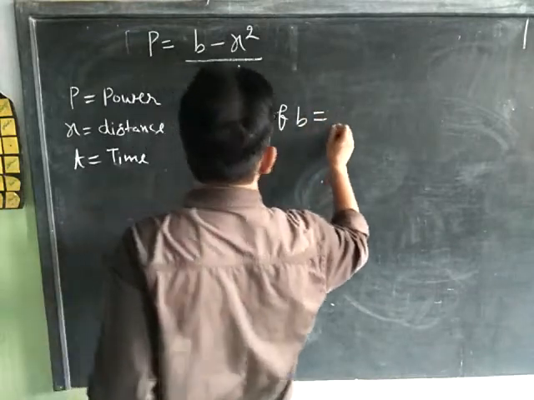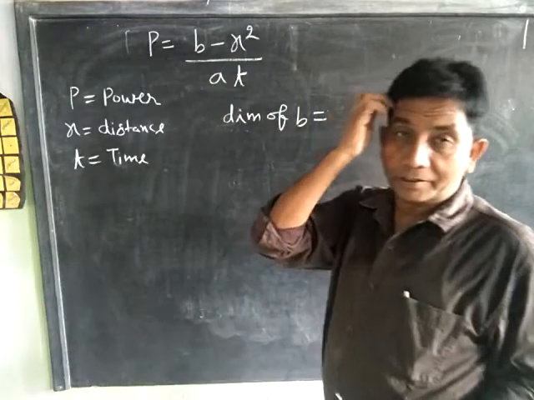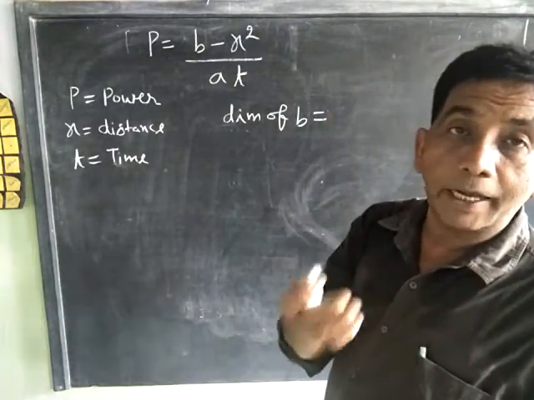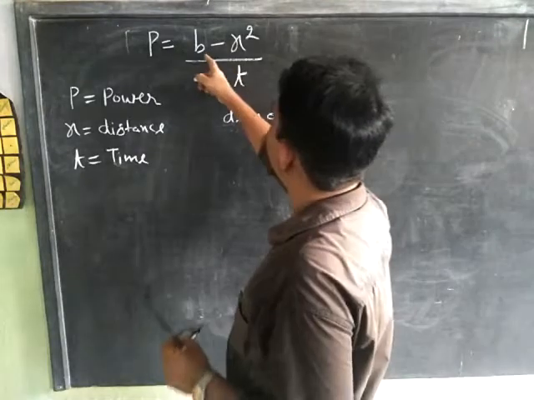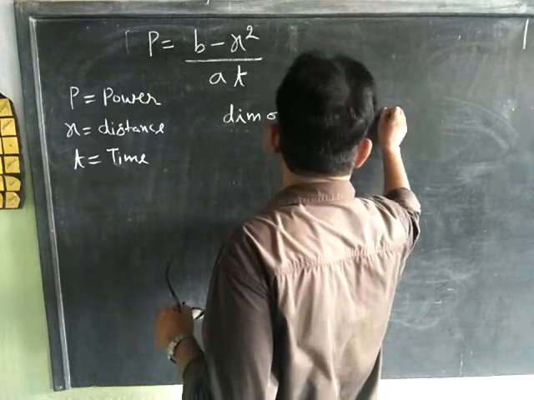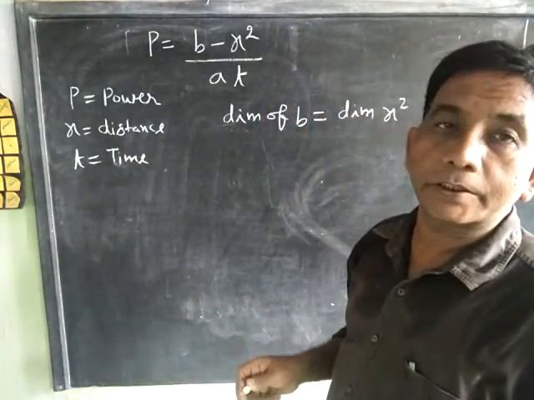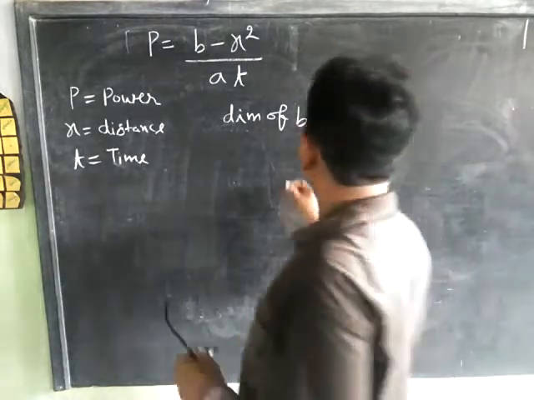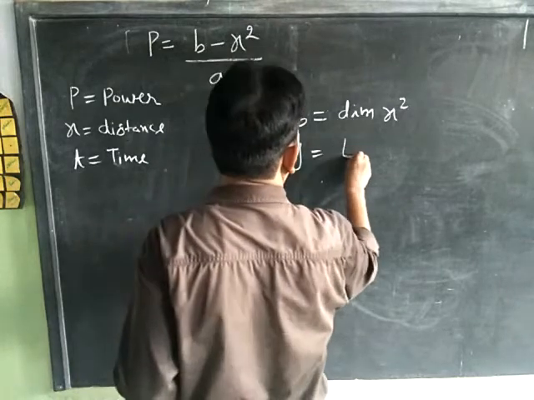These are the similar quantities because similar quantities can be added or subtracted. What is x? Distance, and dimension of distance is L. Thus dimension of B is equal to L square.